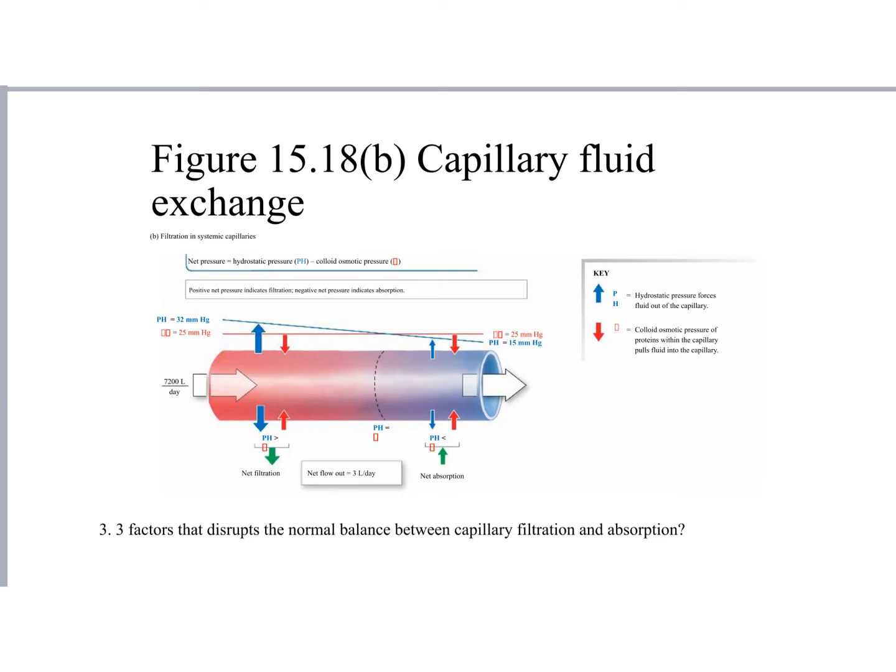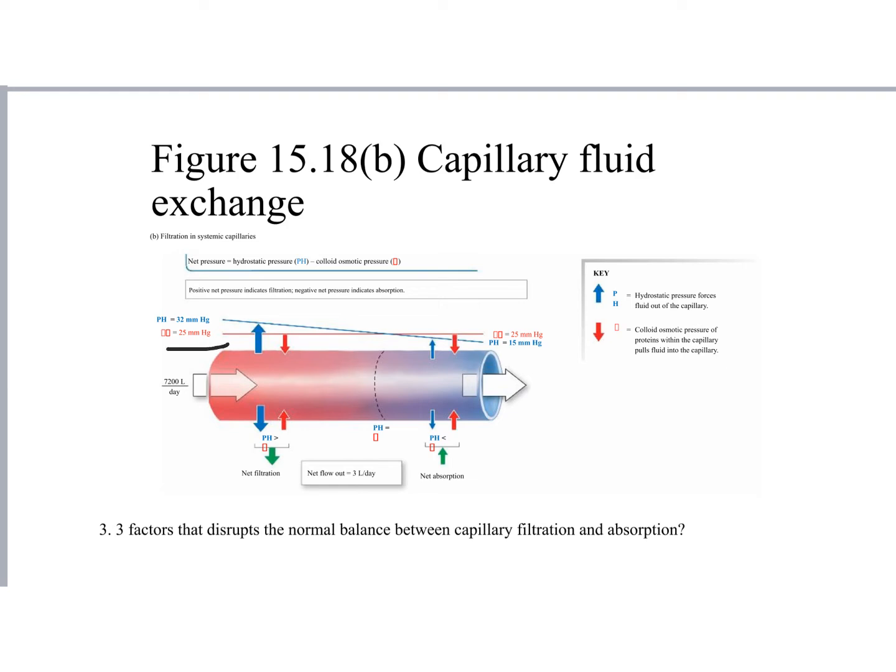The second factor could be a decrease in the plasma protein concentration due to severe malnutrition or liver failure. So a decrease in protein concentration in the blood is going to decrease osmotic pressure. So a lower than normal osmotic pressure. In this picture, it shows you it's at 25 millimeters of mercury.